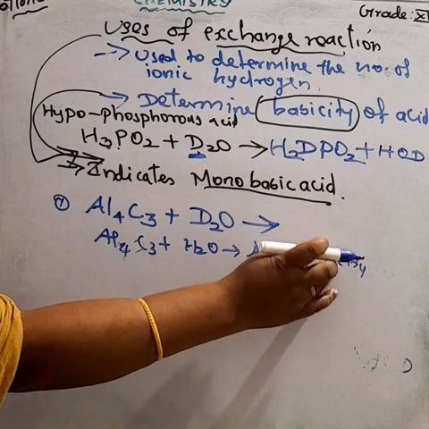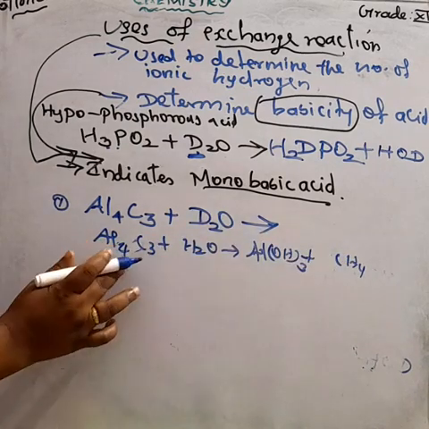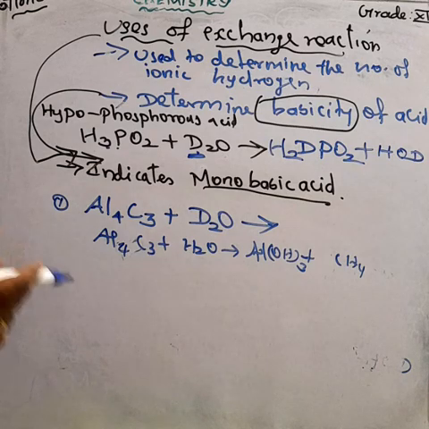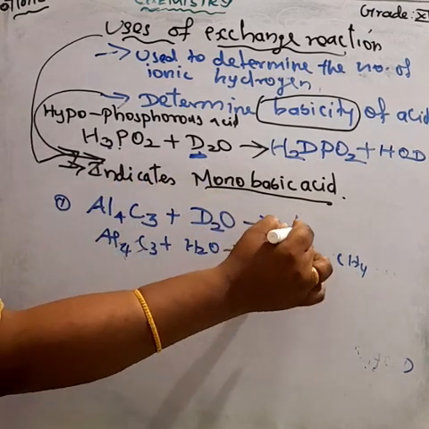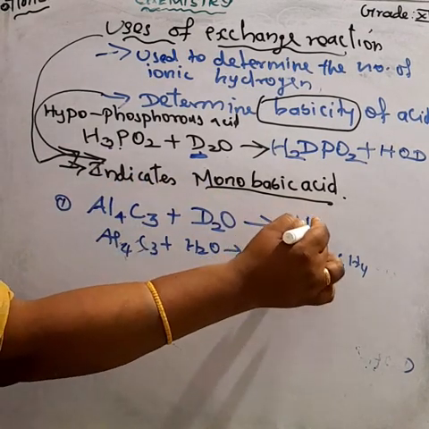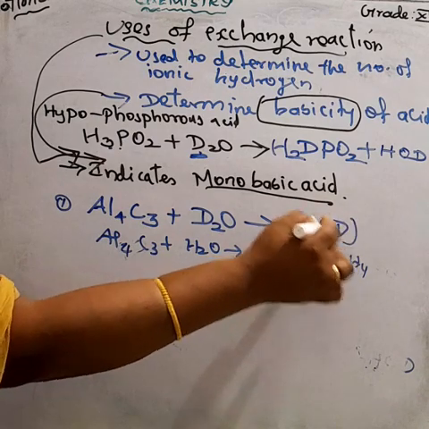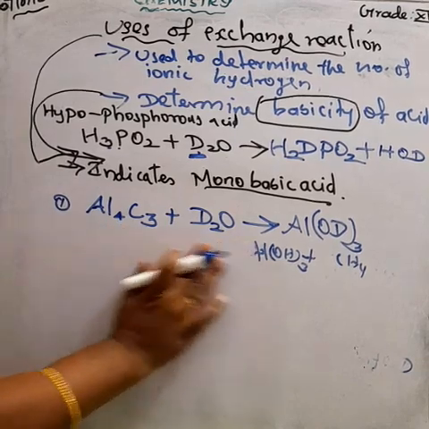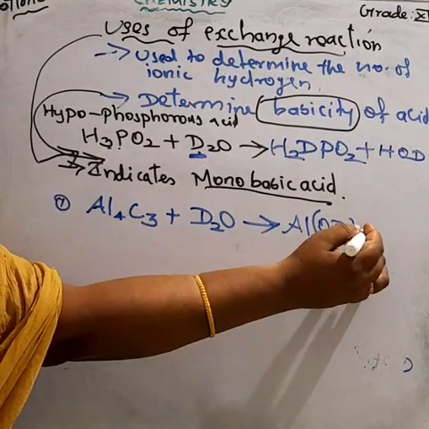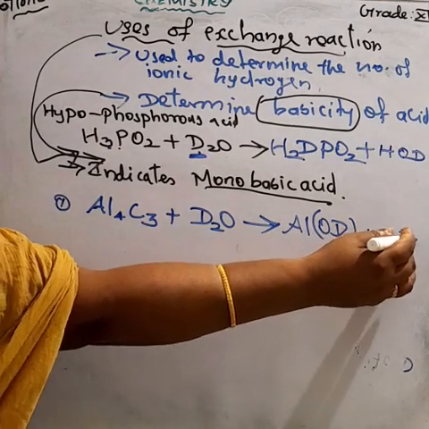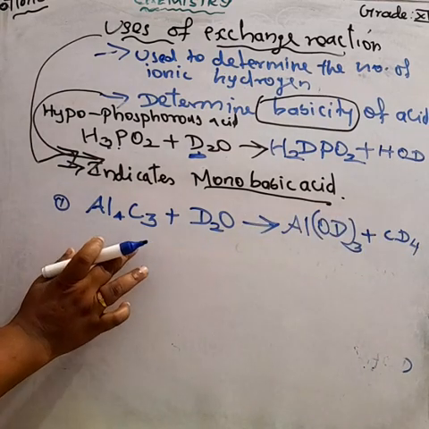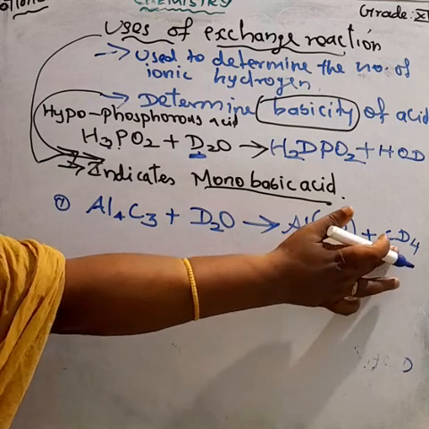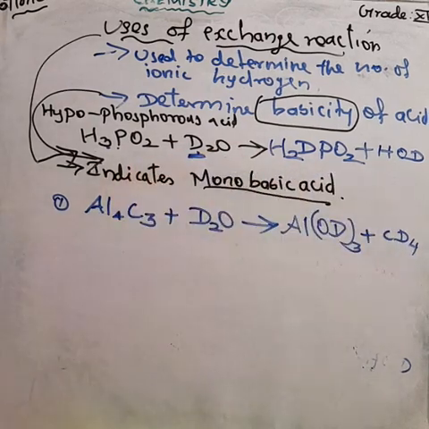This is the reaction of aluminium carbide with ordinary water. But with heavy water, we get aluminium deuteroxide, Al(OD)3, plus CD4.